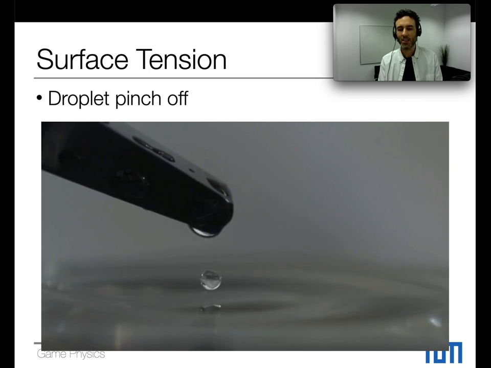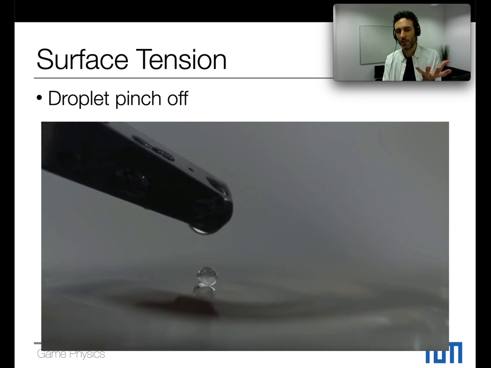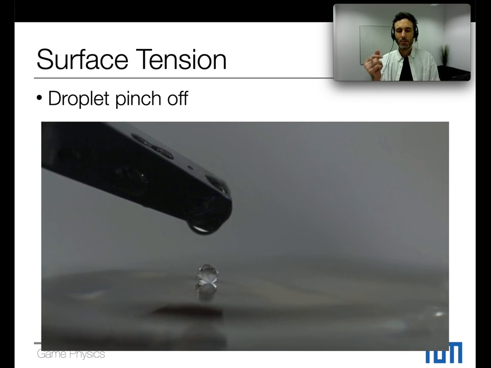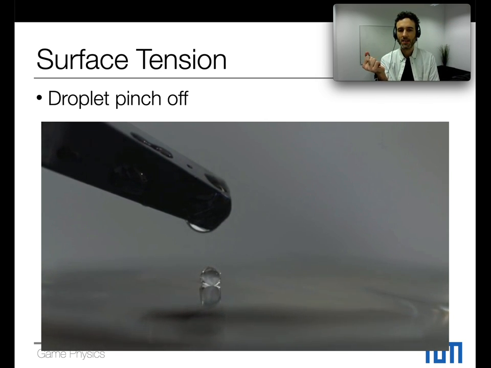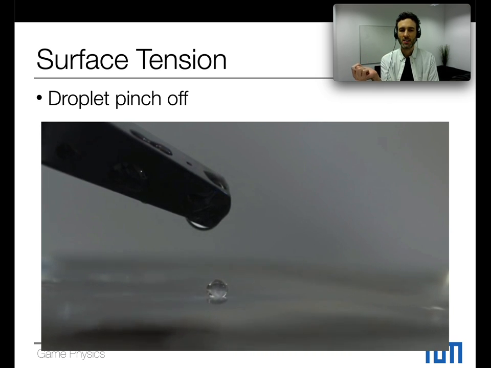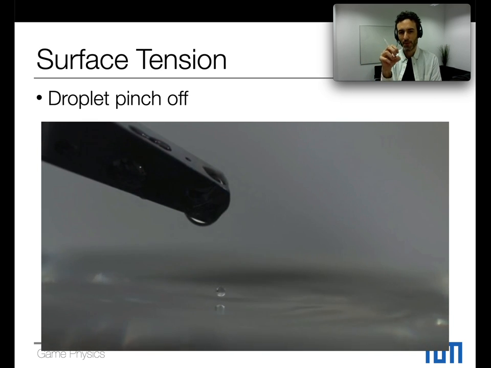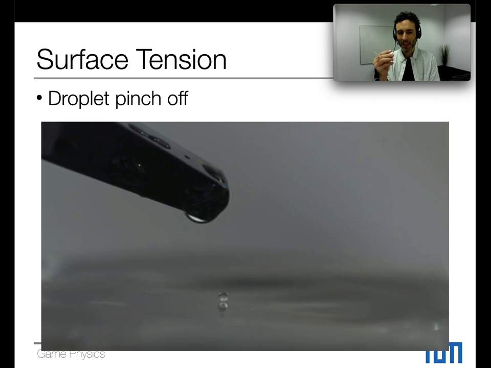Surface tension can actually be so strong that it lets the drop bounce back from a surface. And at some point, due to impurities, the droplet will still break up and dissolve. That's going to happen here in a moment. But surface tension is strong enough to pull together the remaining liquid. Now we have a second one.